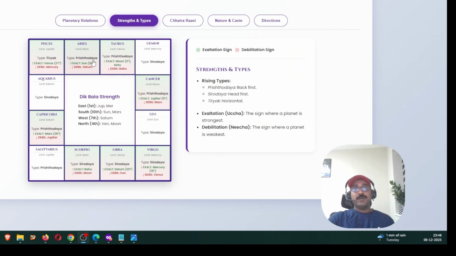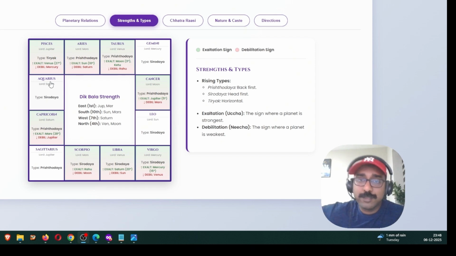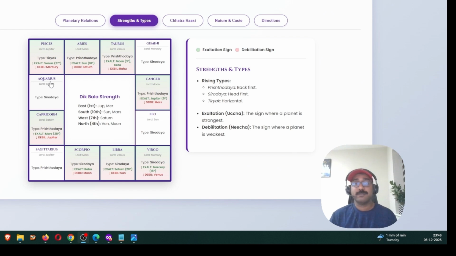Now, for example, let's consider Mars, right? If the ascendant lord is Mars and Mars is placed in Aquarius, now what? Aquarius is a good placement, good Rashi because it's a Shirodaya, it's a head first Rashi, it's considered as a positive, but for Mars, Saturn is an enemy planet. For Mars itself, that's not a good placement, but the Rashi is nice. So the Rashi placement is good, but the planetary friendships are not that great. You see, so astrologers interpret such nuances in a different way.